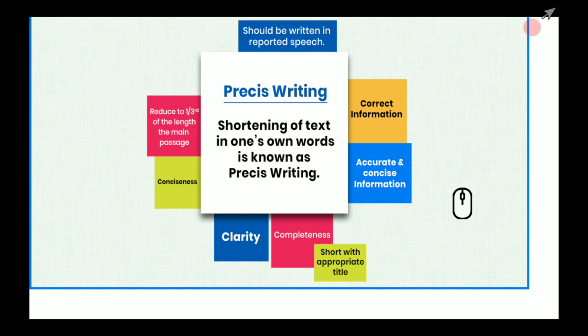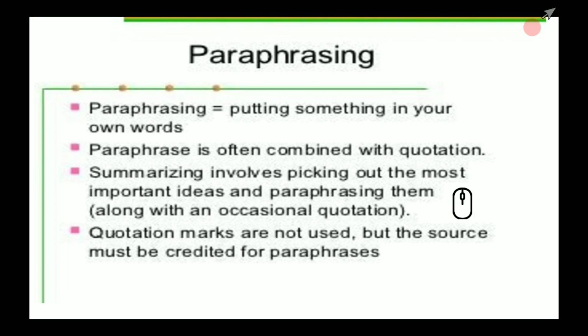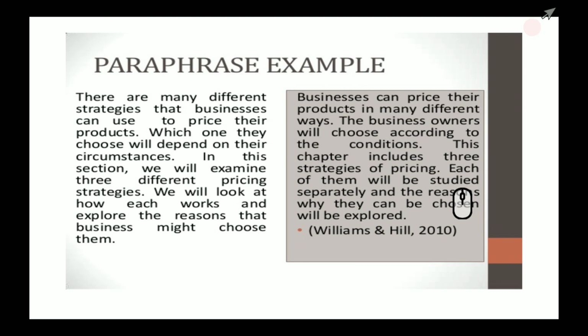Précis writing also, shortening of text in one's own words and taking into consideration the rules and regulations of writing a précis. Paraphrasing, as we have seen, quotations are not used. The length could be same as the original paragraph, but you also have to write in your own sentences like this.